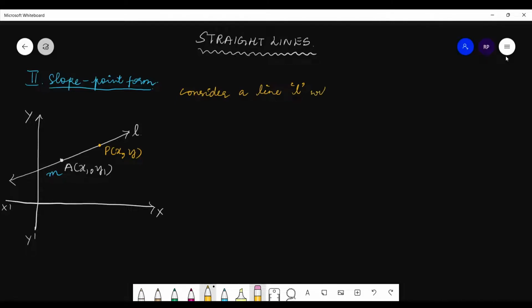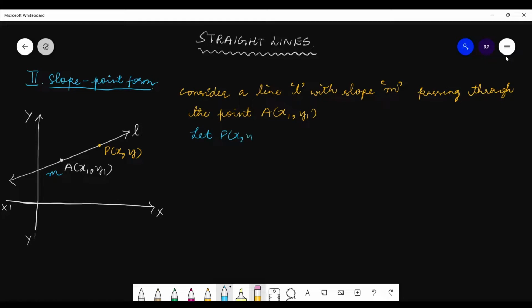Consider a line L with slope m passing through the point A of x1 comma y1. Next, let P of x comma y be any point on the line.